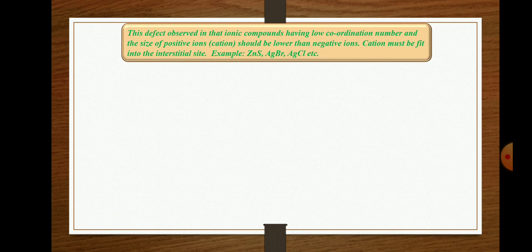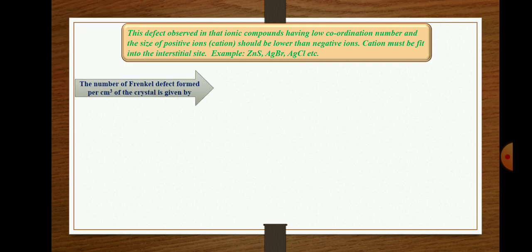Example, zinc sulfide, silver bromide, silver chloride, etc. So students, this defect is observed in ionic compounds where coordination number is low and the size of positive ions must be smaller than negative ions. As you know, voids are very small in volume, therefore they must fit into the voids.